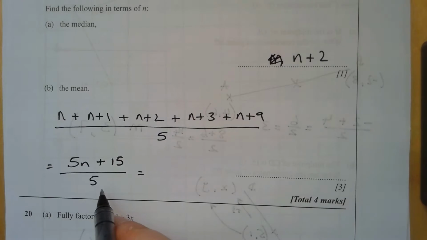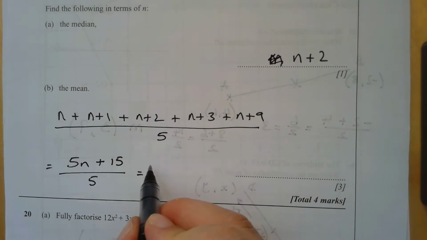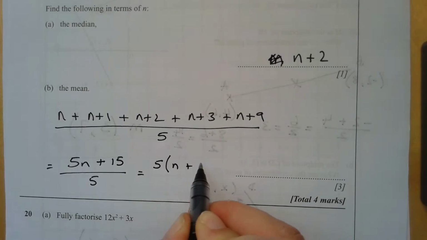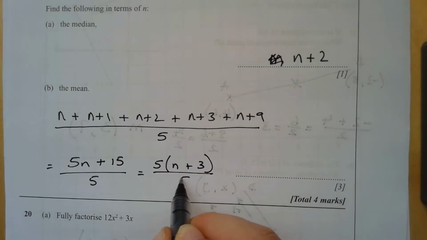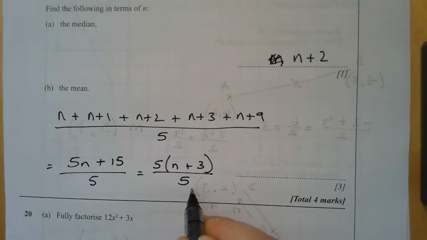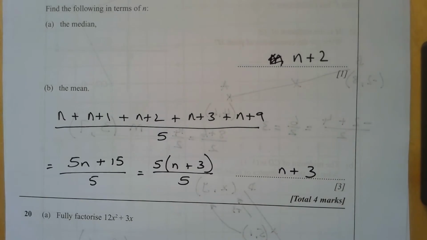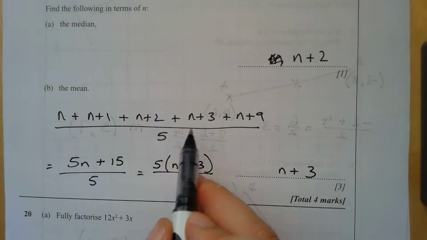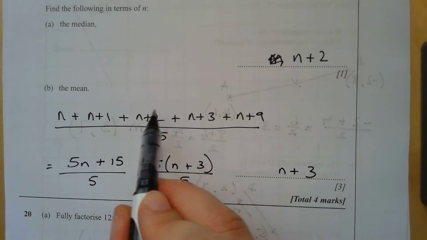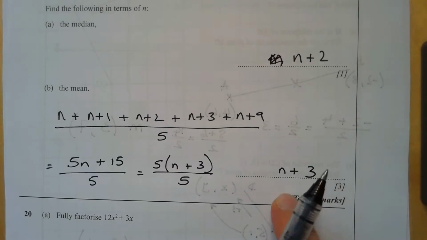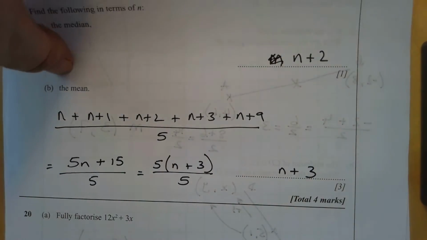You would get 2 marks for getting to this point here, if you can work out that you can factorise this, and then you can divide 5 by 5 to make 1, you end up with n plus 3. Mathematicians like it when you get a really complex looking equation and it drops out to be something very simple. This will give you 3 marks.